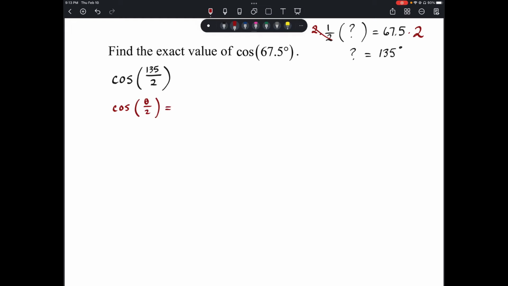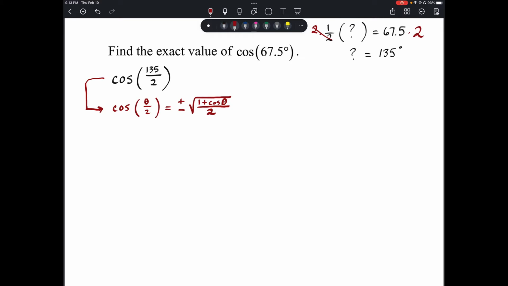And that equation, and you can refer back to that math notes box if you need to, right, is going to equal positive or negative square root of 1 plus the cosine of theta over 2. So we are going to take this and plug it in and solve in this other equation. So let's get started here.